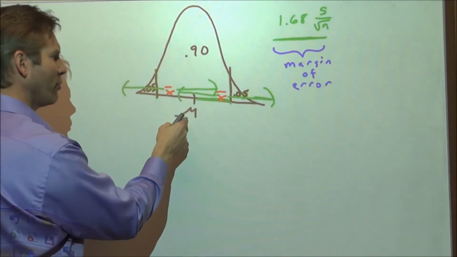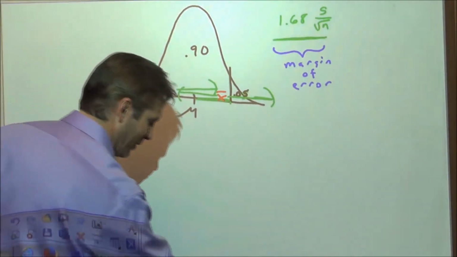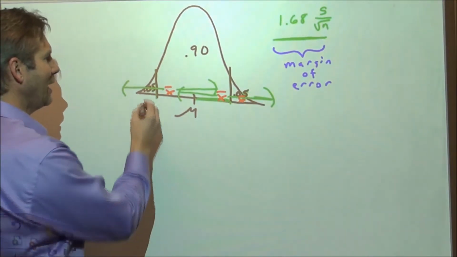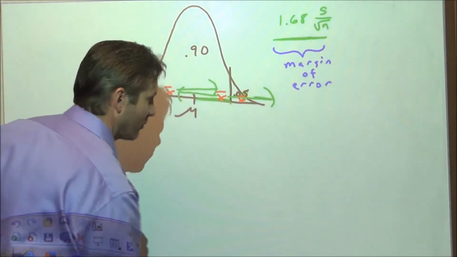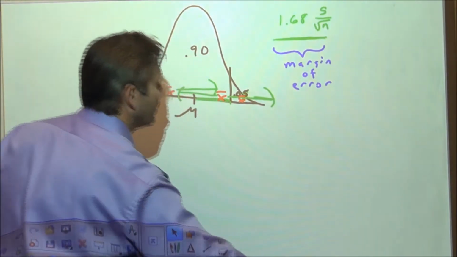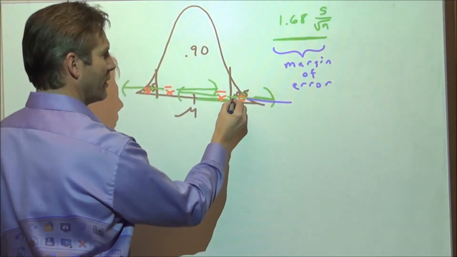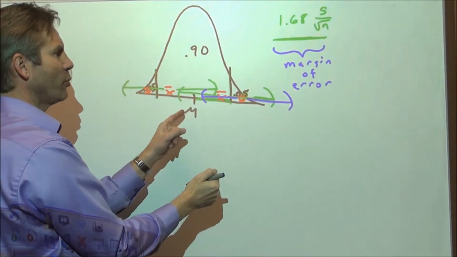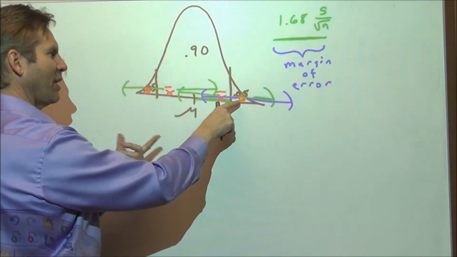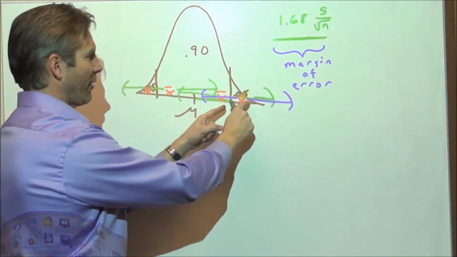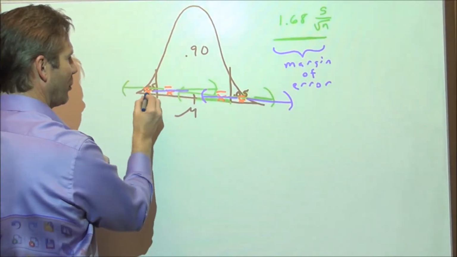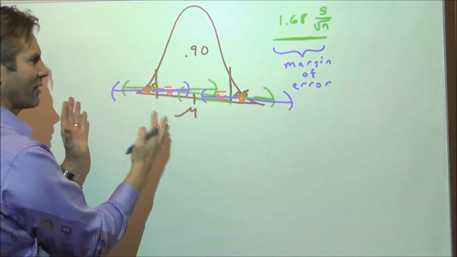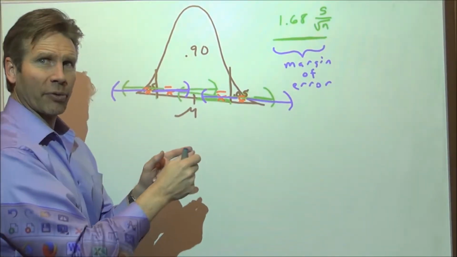The only time we wouldn't trap the true mean in our particular confidence interval is if we were unlucky enough to get a really unusually high or low sample mean, so that after we added the margin of error and subtracted the margin of error, we wouldn't quite get to trapping the true mean, because in 5% of samples, we're going to get means that are too far to the right, and in another 5% of samples, we're going to get means that are too far to the left. So even after we add and subtract the margin of error, we're not going to trap the true parameter in there.